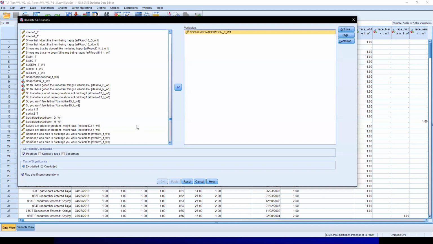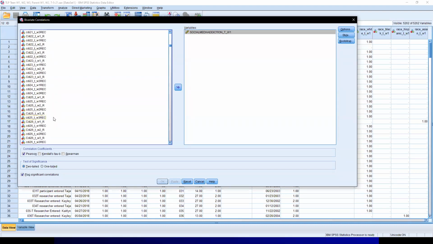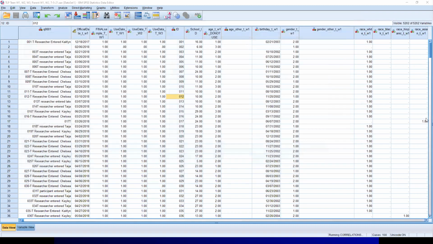I'm interested in social media addiction, so all I did is find my variable and bring it over. And I want to do depression, and that's CDI on this. Where is it? Right here. So I have my two variables, social media addiction and depression. And all I need to do then is press OK.